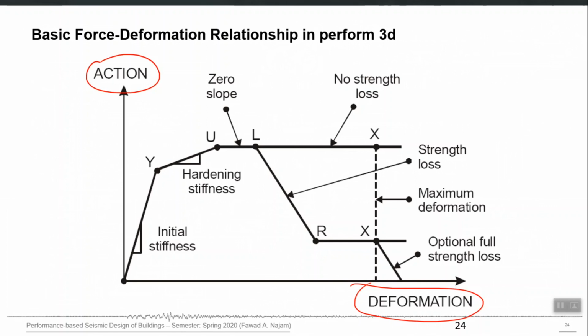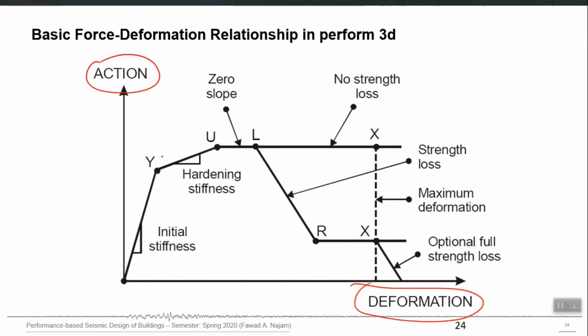So, if there is a specific kind of behavior between your action and deformation which cannot be captured by the curve given by ASCE 41, Perform gives you the freedom to customize it in a number of ways. For example, for strength degradation, strength loss, it gives you the feature to include strength loss or not include strength loss, and then several other features to customize the shape of this curve.